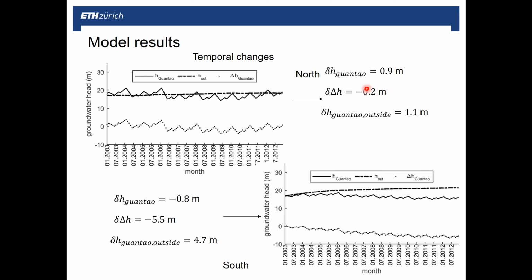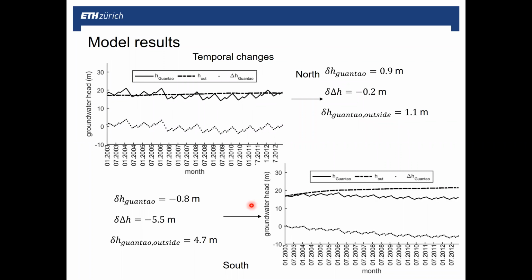It's not really a complete increase. And this is due to these outside contributions, because the groundwater level determined by the outside drivers increased. So for these north locations, the groundwater changes are mainly dominated by these outside drivers.